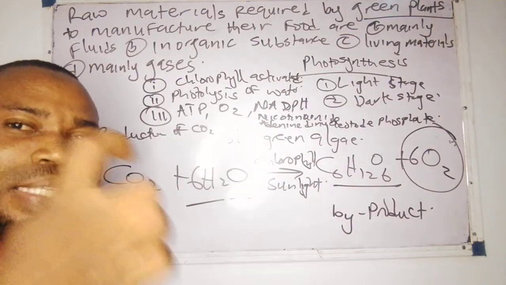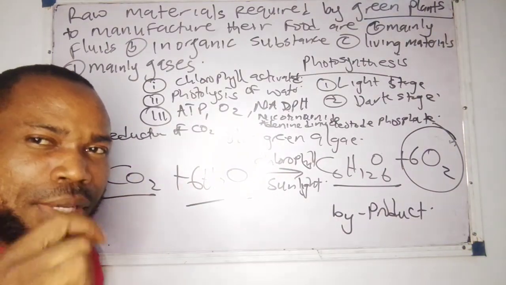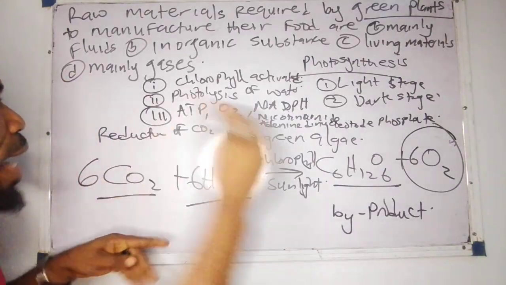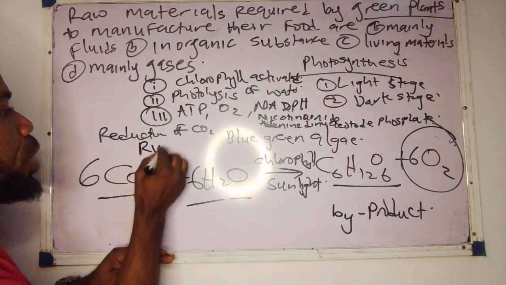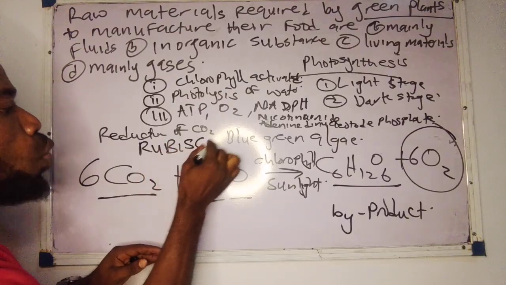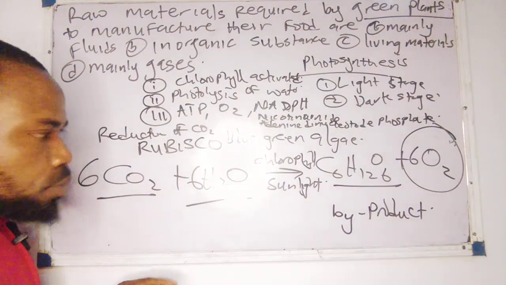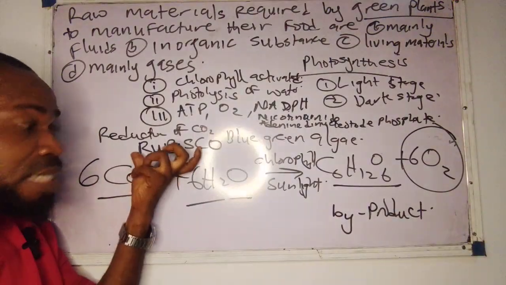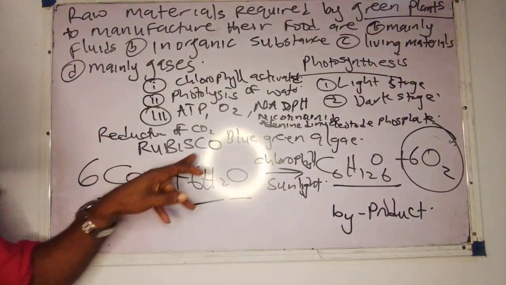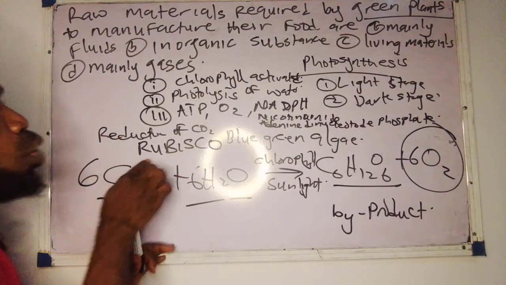I want to quickly say this. There is one major enzyme that is involved in the dark stage of photosynthesis, and that enzyme is called rubisco. This is an enzyme. What does rubisco mean?